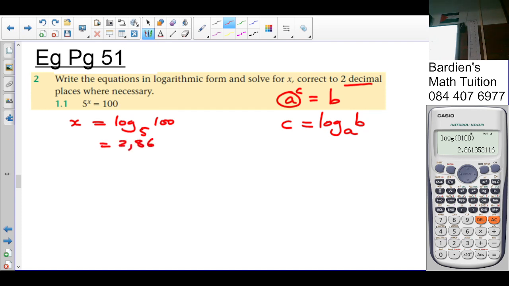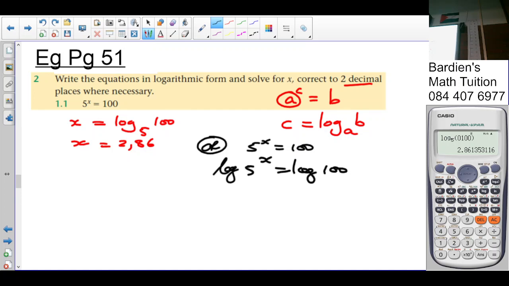That is one way of doing it. Or, if you got 5 to the x is equal to 100, I now introduce log both sides. Remember log is a function, as sine and cos and tan are. So log means nothing without a number in front of it. When we do the function one side, I must do it on the other side as well.